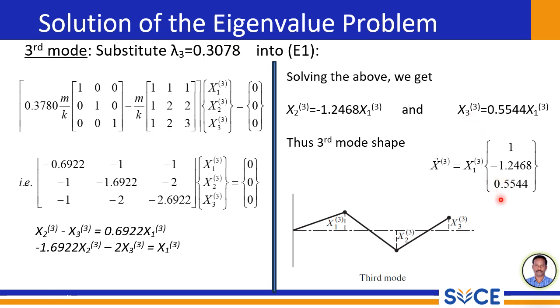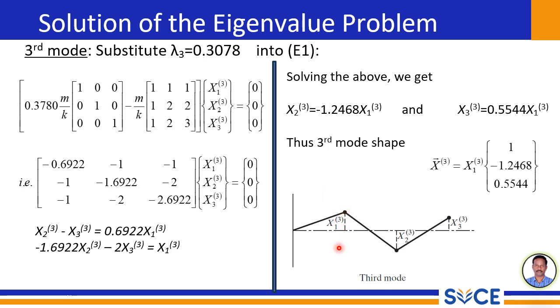and x3 will be 0.5544. Now it is positive. The same procedure as for the first mode and second mode that I described. Here also you take a pen, pencil and scale. You draw a line, the x-axis, representing the mass positions, and the y-axis represents the amplitude.